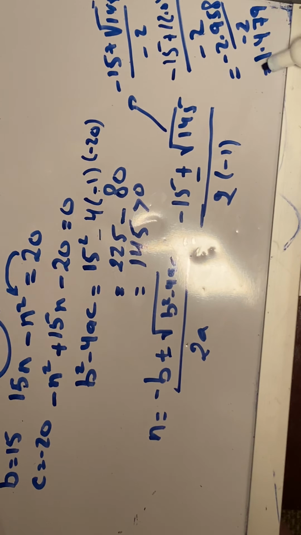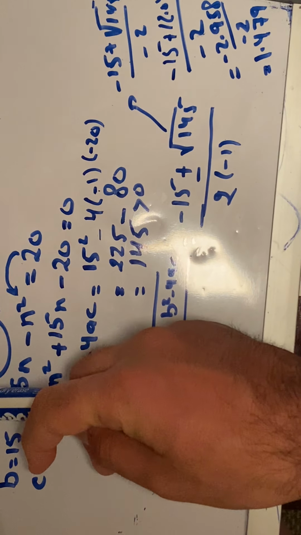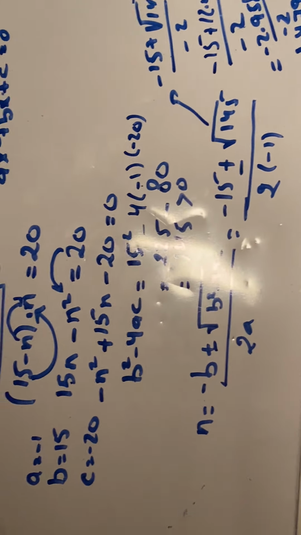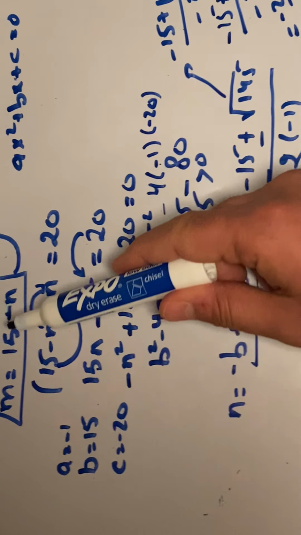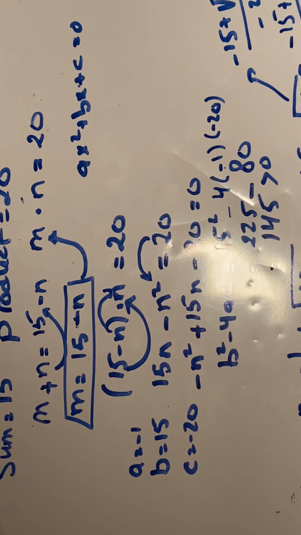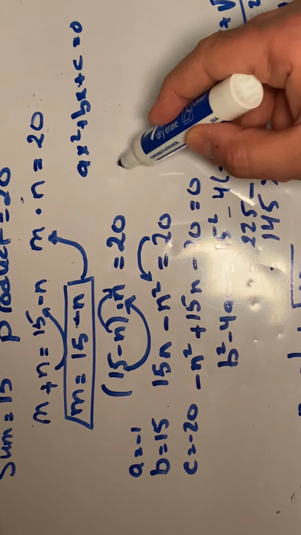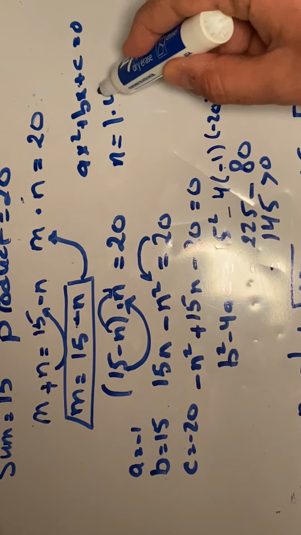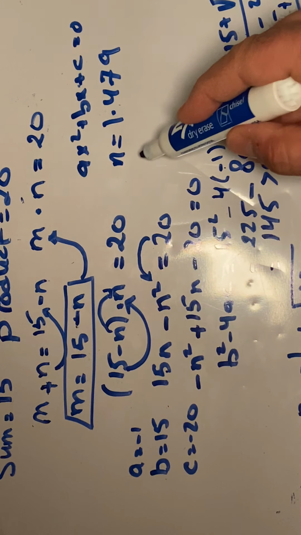Depending on this value of n, I would find the value of m, which is 15 minus n. So I found that one value of n is 1.479.